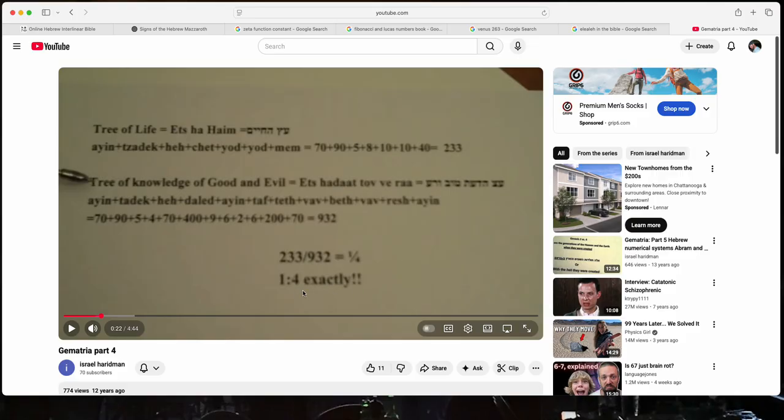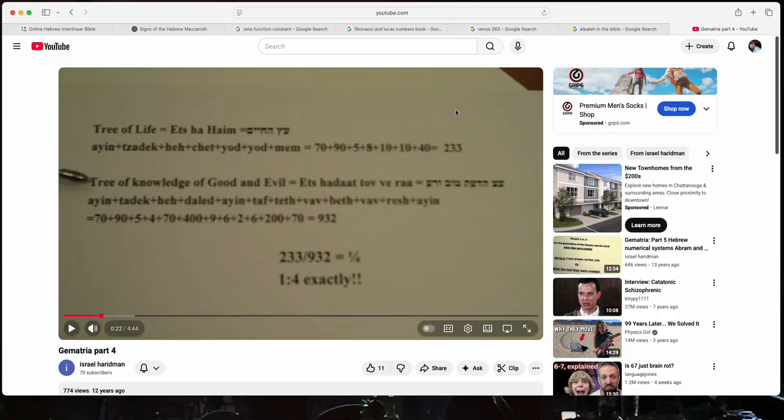But when he's talking about this, he's not noting any significance of 233. So I'm going the other way. I'm finding 233 being significant, and then going and finding the Gematria. He's finding these particular items in the scripture, and then noting this connection. So I just thought that was interesting.